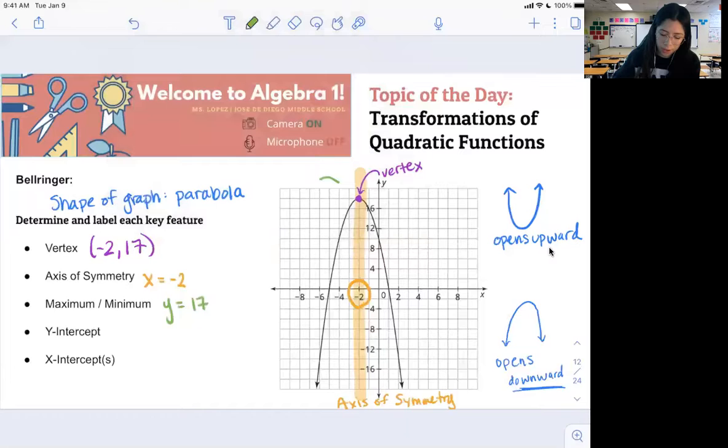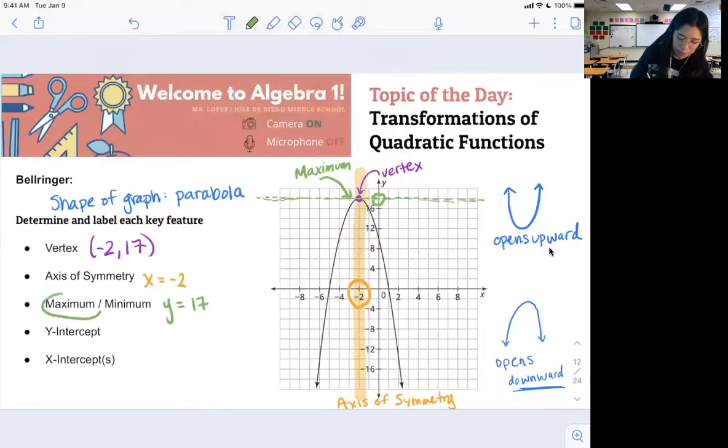So when you look for your maximum point or your minimum point, you want to see where it is passing through the y-axis. If that's as high as the graph goes, it's not going to go any higher than that. And if you look right here, it doesn't say 17, but you can see that it's passing through the 17. So the maximum on this parabola is at y equals 17.